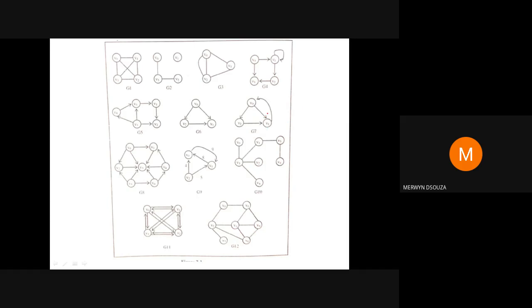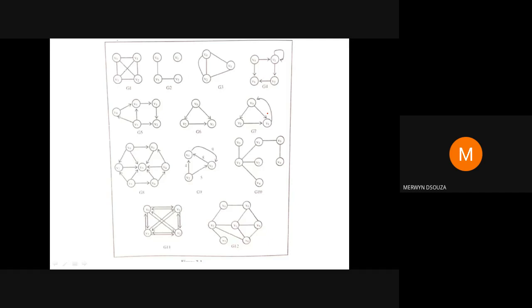In an undirected graph, a path u1, u2, ..., un minus 1, un will be called a cycle if it has at least 3 vertices and the first and the last vertex are the same.